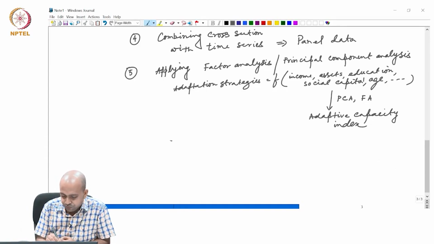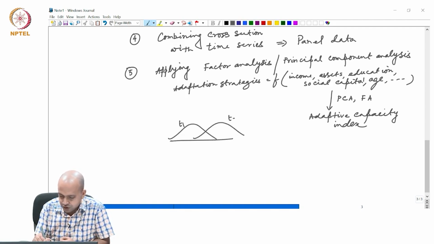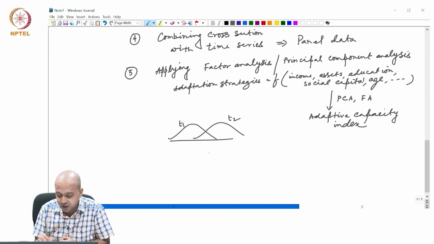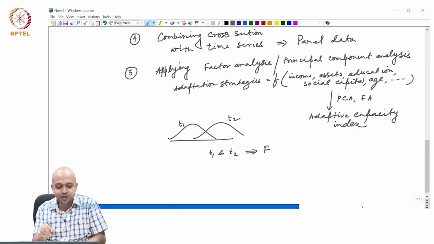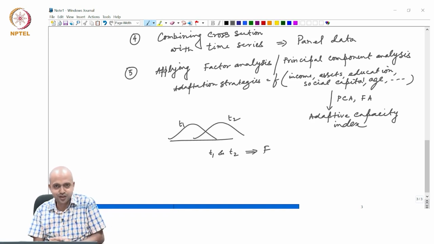Here, once again I will apply the diagram. Let us say this is the T1 distribution, this is T2, and both are insignificant, but just because both are insignificant, we cannot say that the model is also overall insignificant. That means T1 and T2 should not map with F. Why? Because you are drawing the distribution from the same sample, and that is why this F gains extra significance in this context.